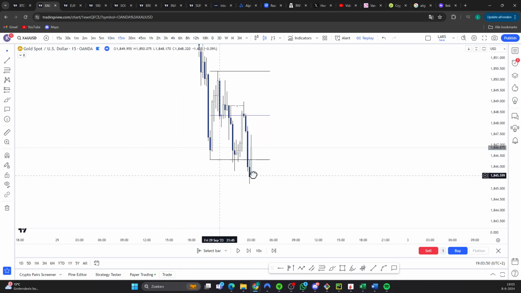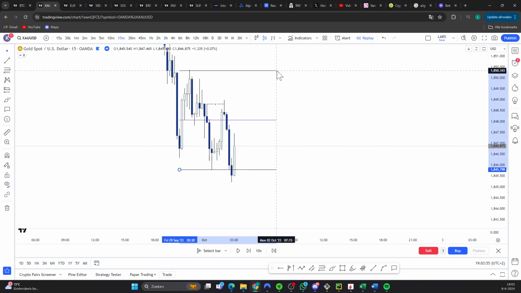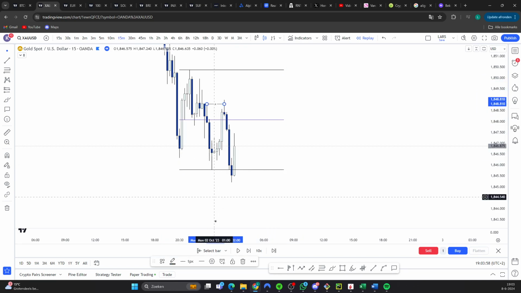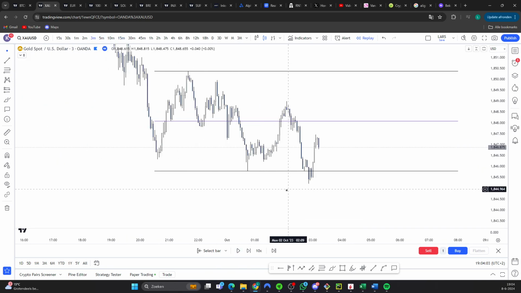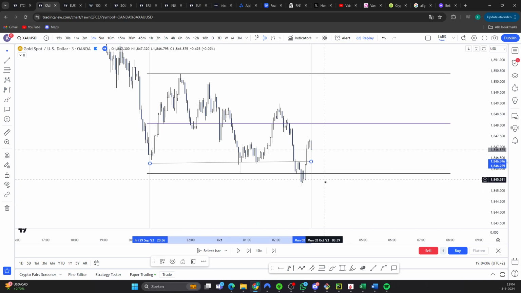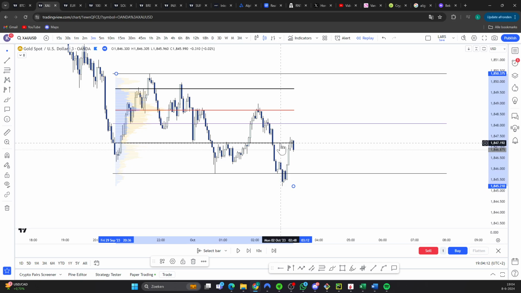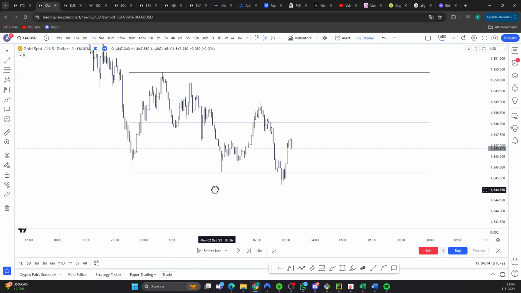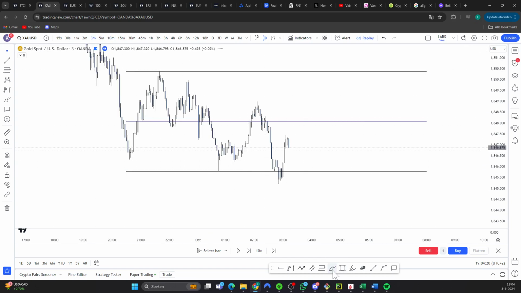Looking at this for potential model 1, but it could be a potential model 1 where this was your initial range low and your tap 1, tap 2 in getting a model 1, and you have your break here.